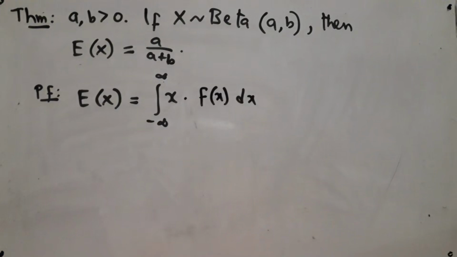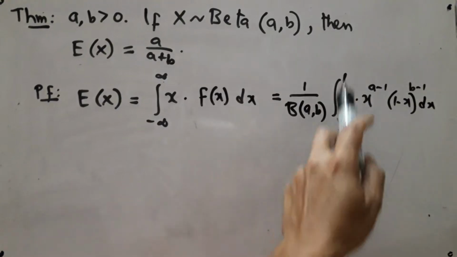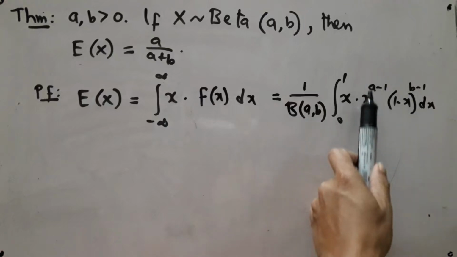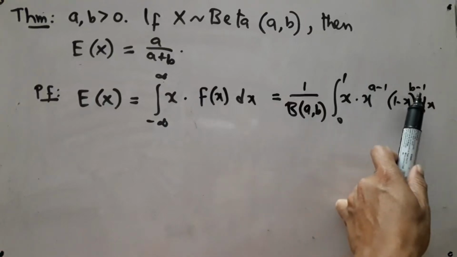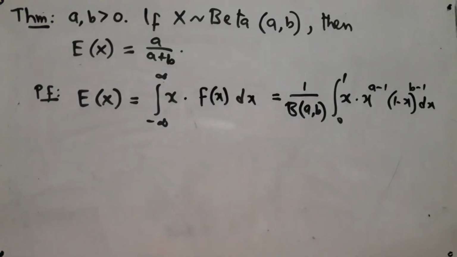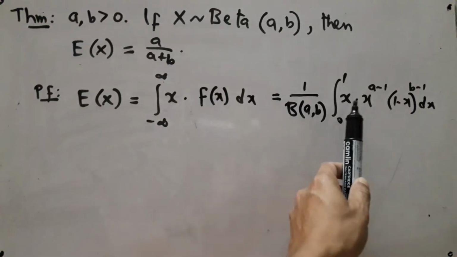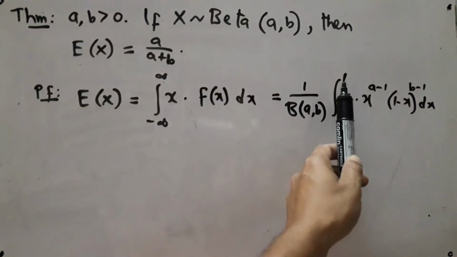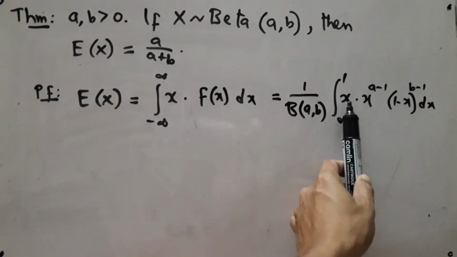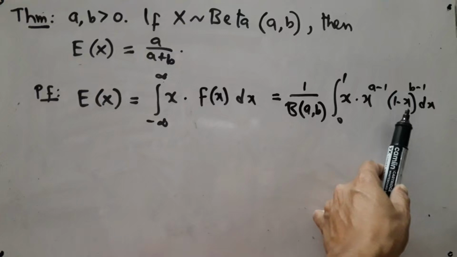So it becomes integral from 0 to 1 of x, this is the x, and here is my density, x to the power a minus 1, 1 minus x to the power b minus 1. This beta(a,b) in the denominator is constant, so it comes out of the integral. Now this x, or any power of x for that matter, would get absorbed into this. That will produce x to the power a times this.